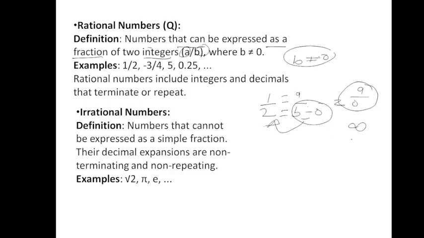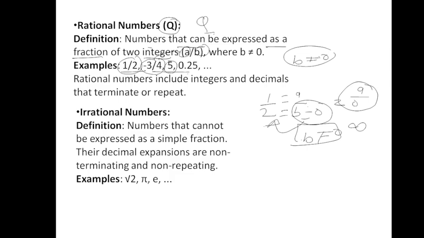So we try to keep b not equal to 0. Some examples of rational numbers: 1 by 2, -3 by 4, 5. These are examples of rational numbers, and they are denoted by Q.